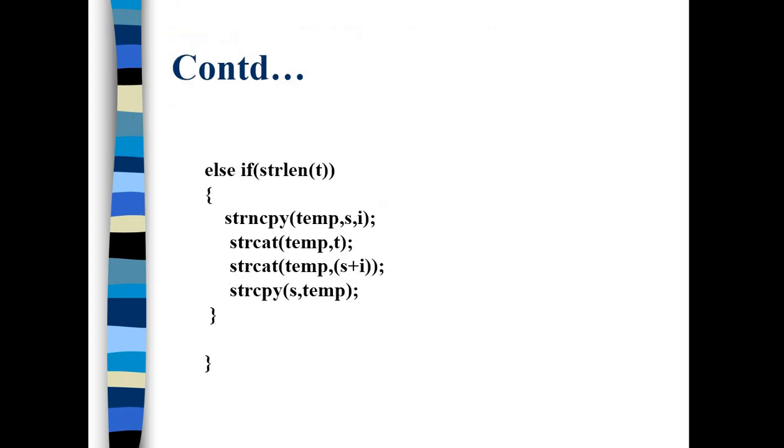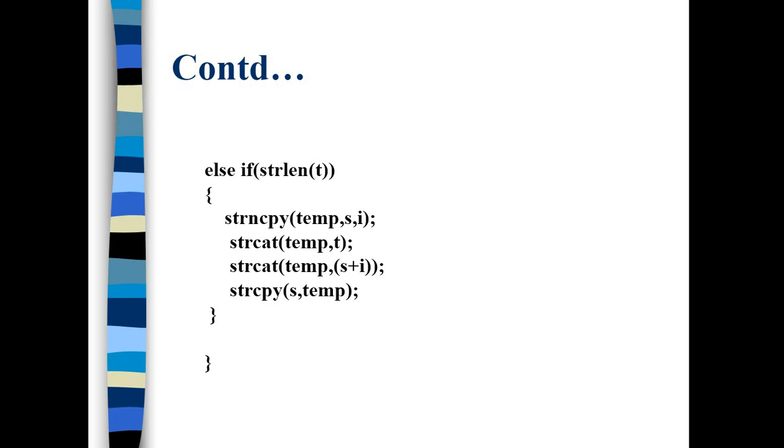And if the string is existing, then first we copy till the ith location to the temporary string, then we join t to that string, then from s plus ith location we copy the remaining string.